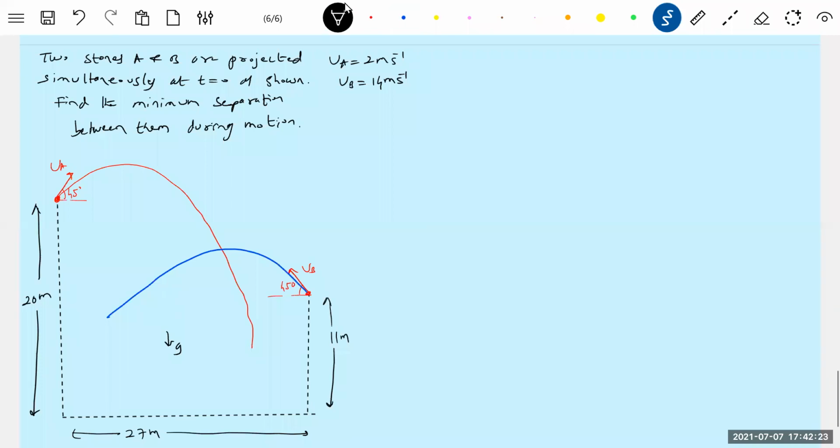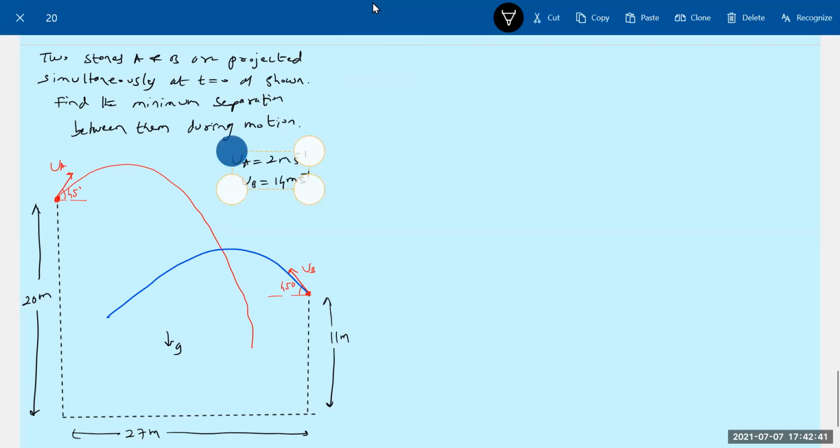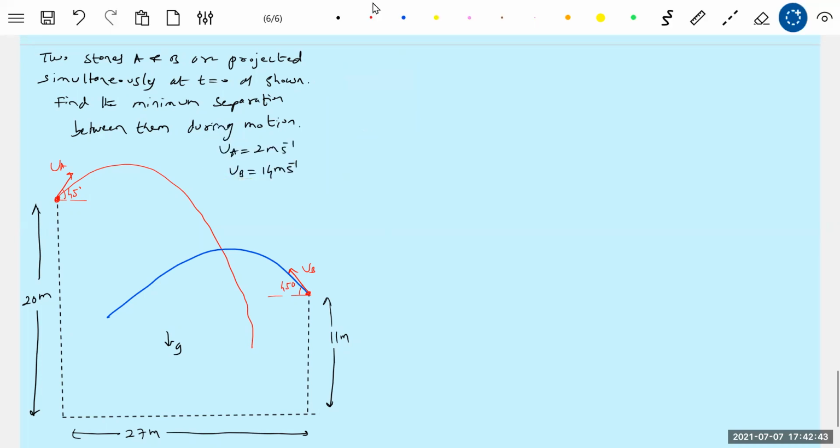What is the best way of analyzing this problem? First you define the velocity vectors of each stone. Let's get into velocity vectors.